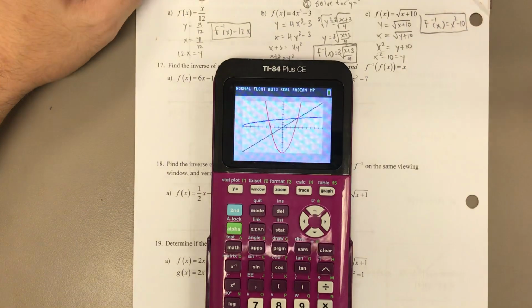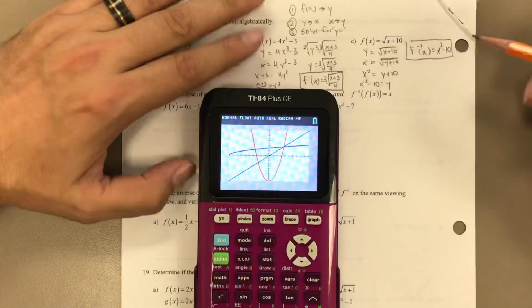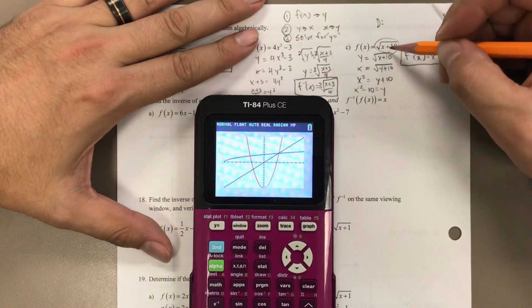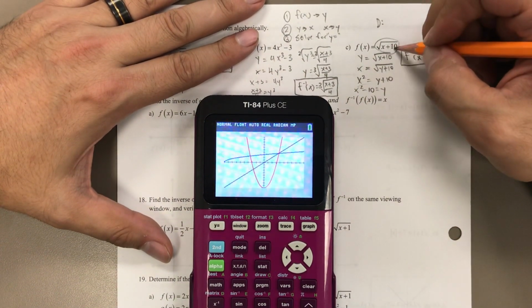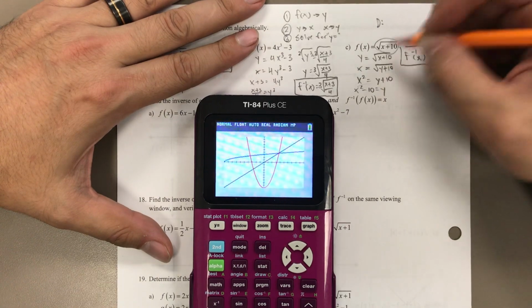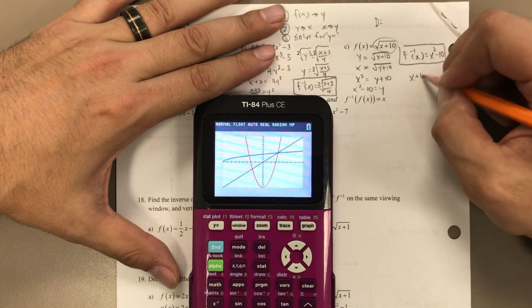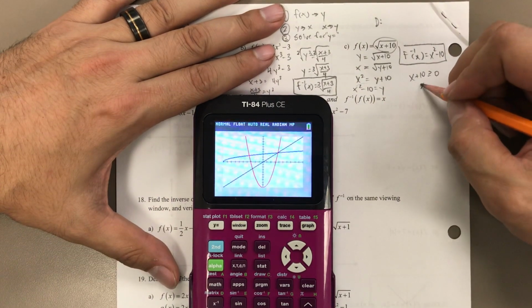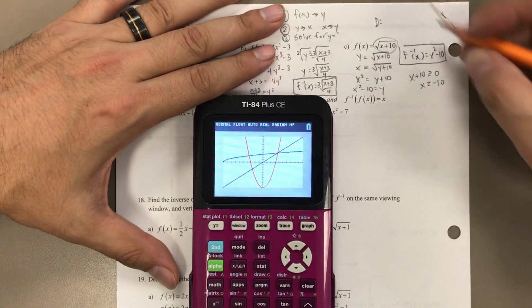So here's the deal, here's why. It's actually because of the fact that this has a domain restriction. Its domain, if we solve for it, x plus 10 needs to be greater than or equal to 0. If we get x by itself, subtract 10 from both sides, x has to be greater than or equal to negative 10. That's the domain.